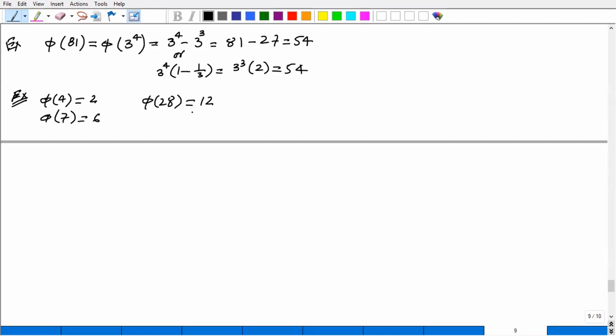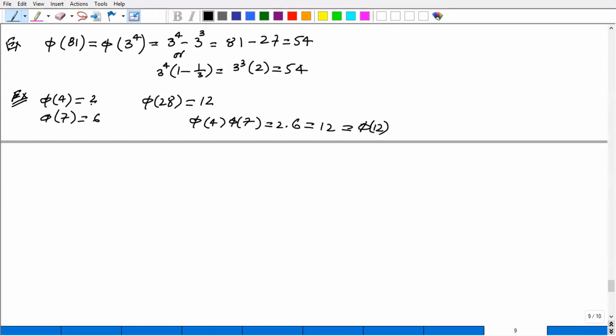Okay, you can count the numbers which are relatively prime to 28. So there will be 12 numbers. So phi of 4 times phi of 7 is 2 times 6, which is 12, and this is equal to phi of 28.